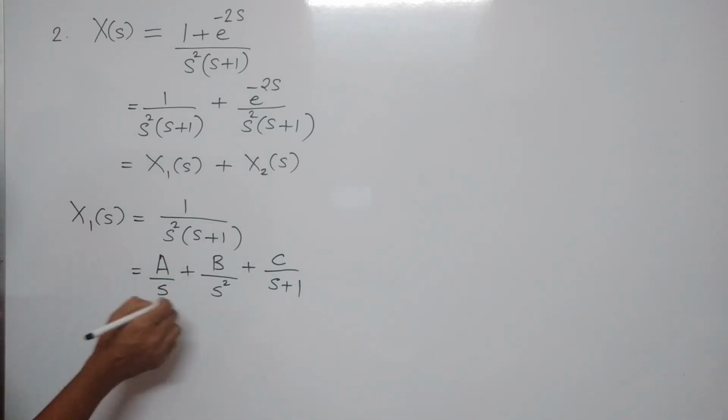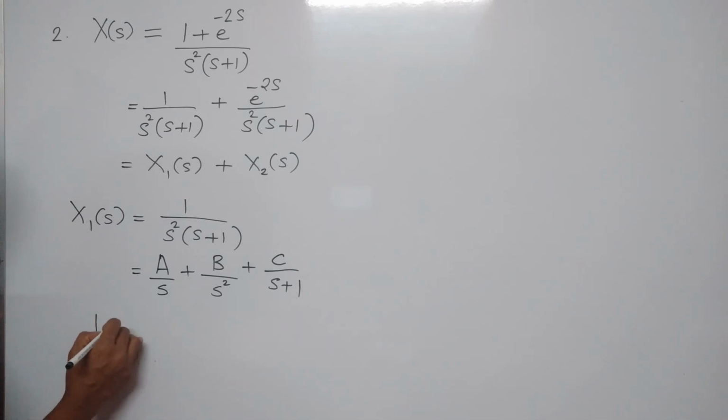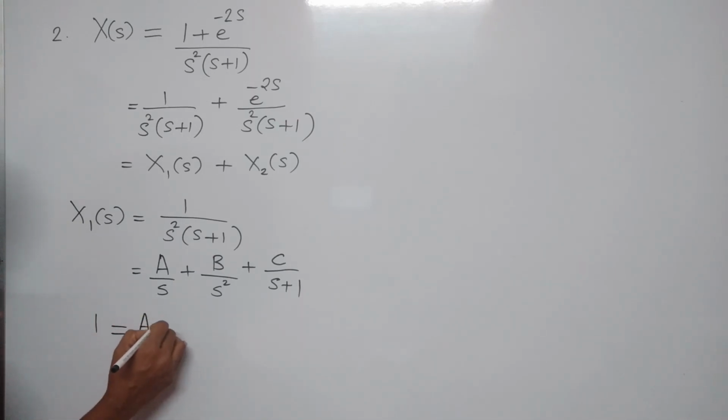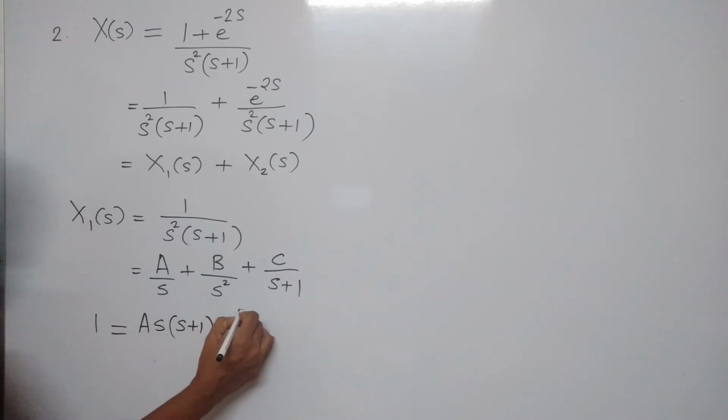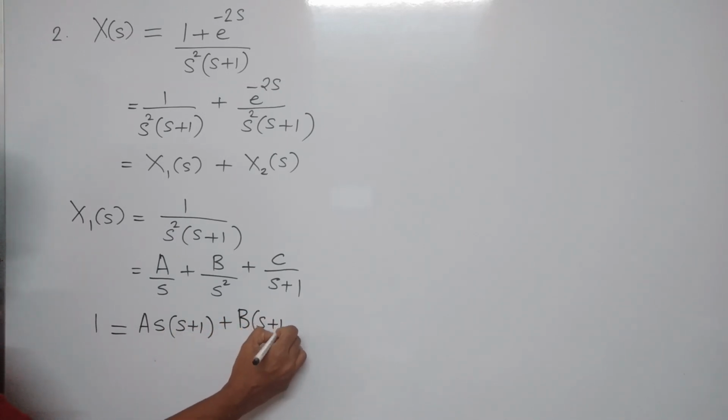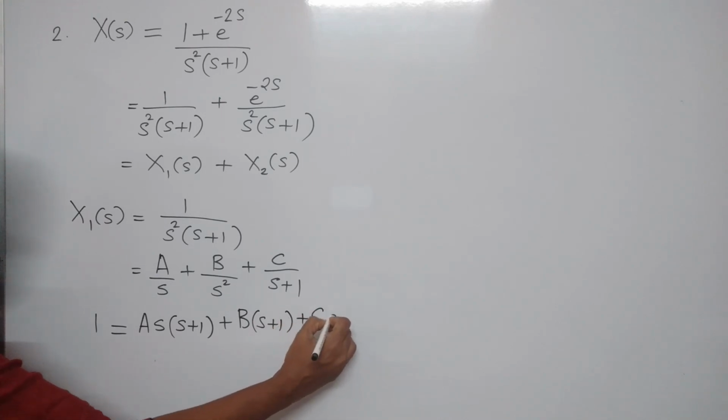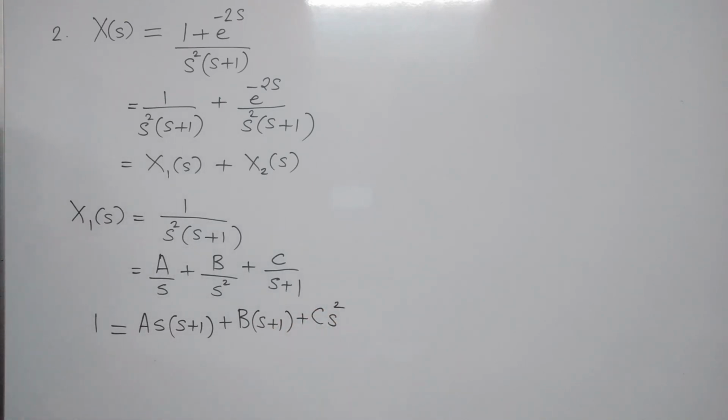Equating the numerators, we'll get 1 is equal to A s into s plus 1 plus B into s plus 1 plus C into s square.